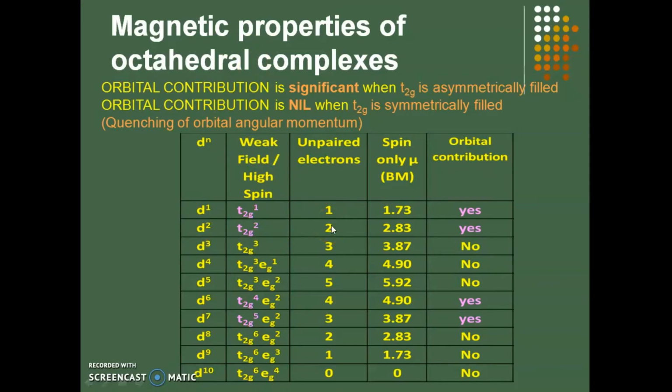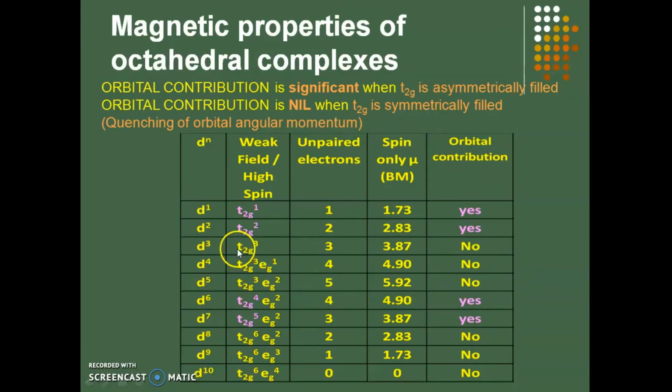A similar exercise can be done for the tetrahedral case also. So here T2G1 and T2G2 will contribute towards the total orbital angular momentum, and T2G4 and 5, as in the case of D6 and D7, will also have orbital contribution.